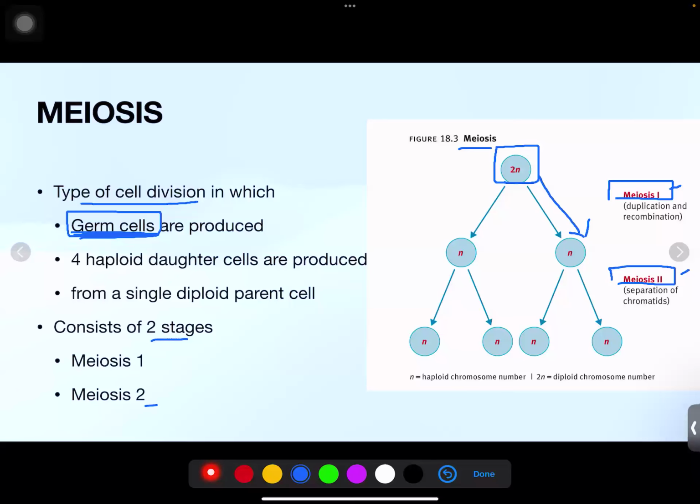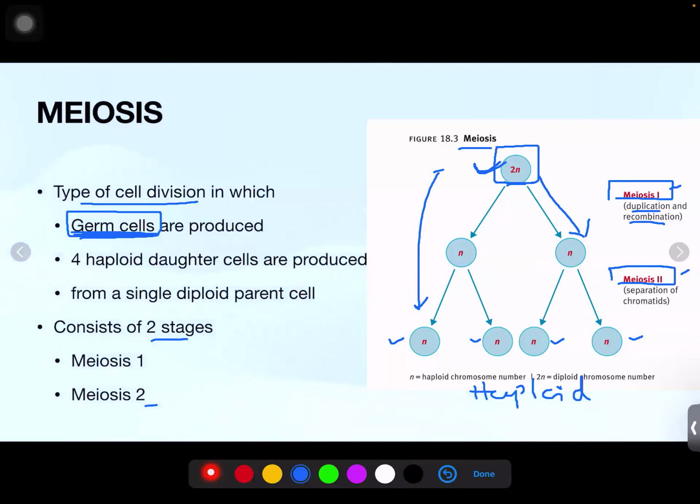So first meiosis 1. During meiosis 1, duplication and recombination occur. I'll tell you what recombination means, and it's very unique to meiosis as well. And then meiosis 2 is separation of chromatids. And look, this was one cell, which is 2n, and it leads to production of 1, 2, 3, and 4 daughter cells, which are haploid. So during meiosis, the chromosome number is reduced from diploid to haploid.